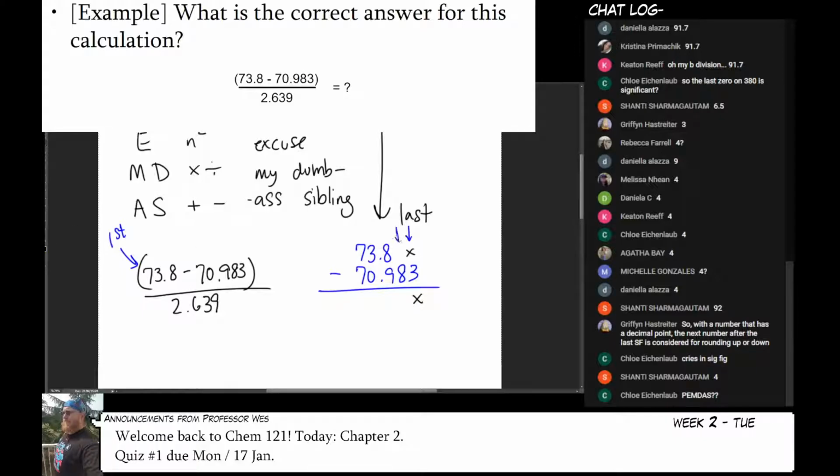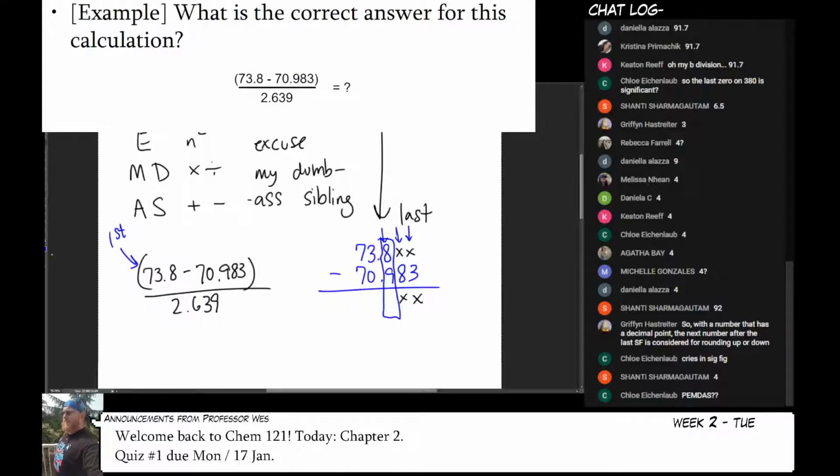If I go to the next position, same deal, can't use it because there's no number there. But if I start here, this will work. So I'm going to round my answer to this position.